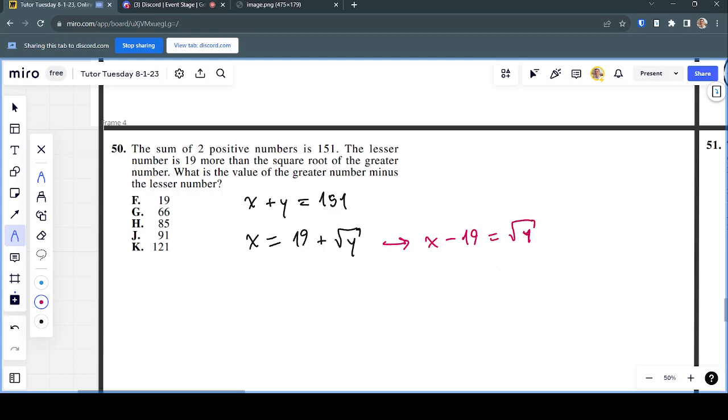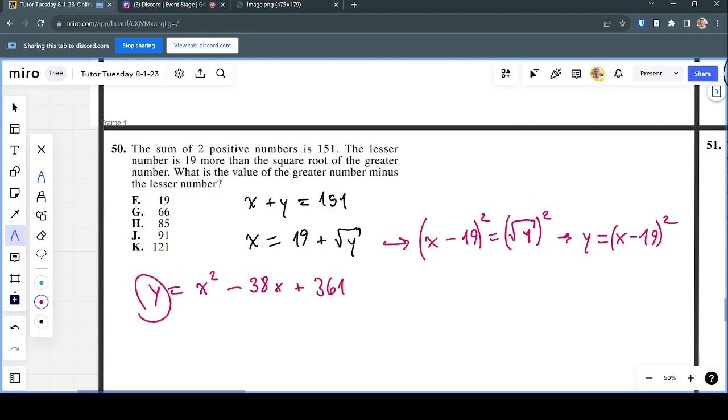Because then what I could do there is I could square both sides, and I could get y is equal to x minus 19 squared. Or I probably want to expand that out, right? So y is equal to x squared minus 38x plus 19 times 19 should be 361.